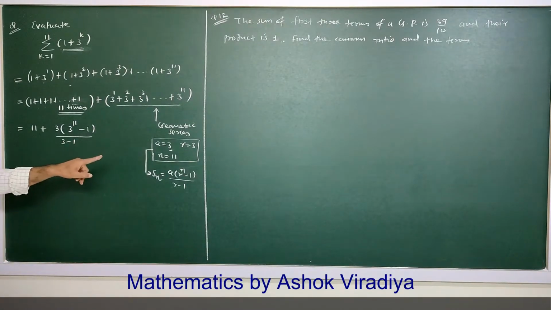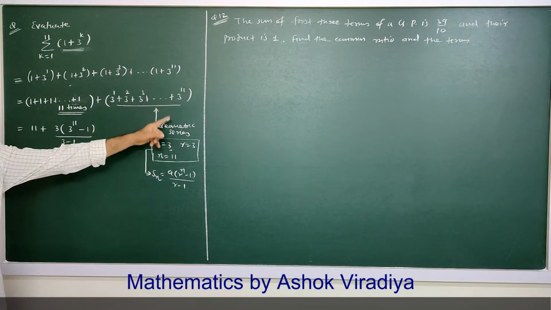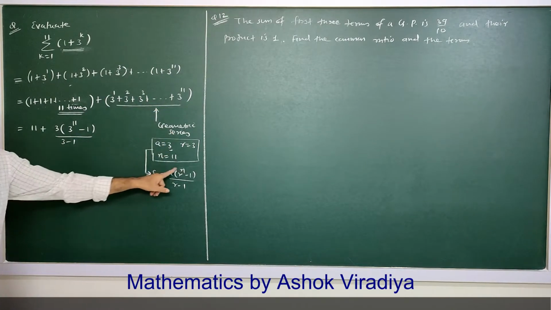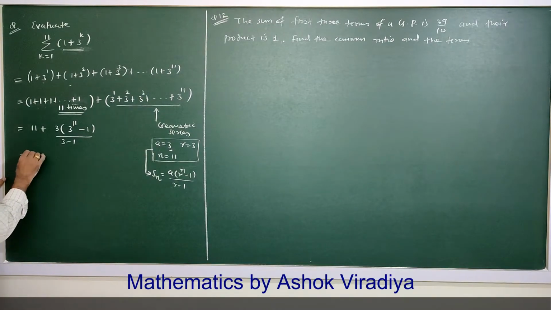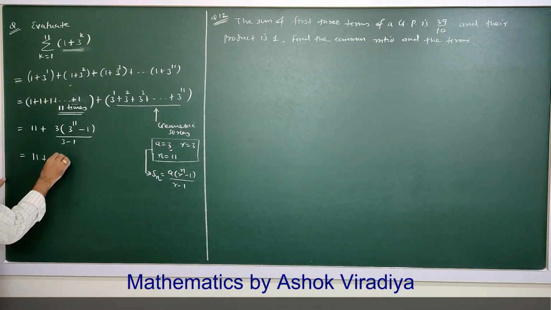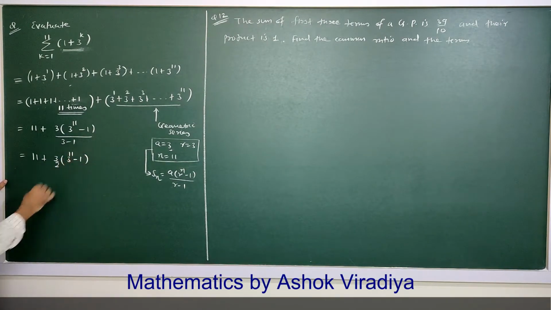The first term is 3, the ratio is also 3, the number of terms is 11. So it is the sum of the first 11 terms of a GP, and this formula is used here. So this is 11 plus 3 by 2 into 3 raised to 11 minus 1.